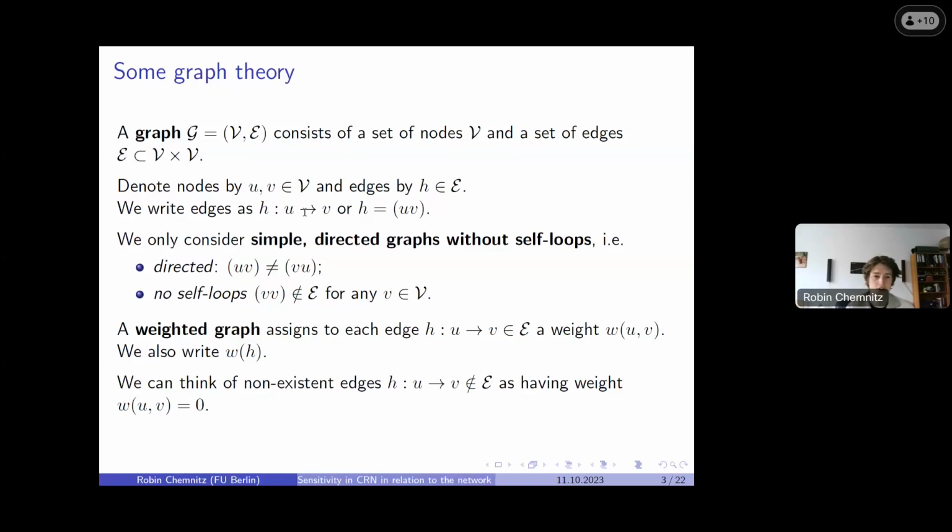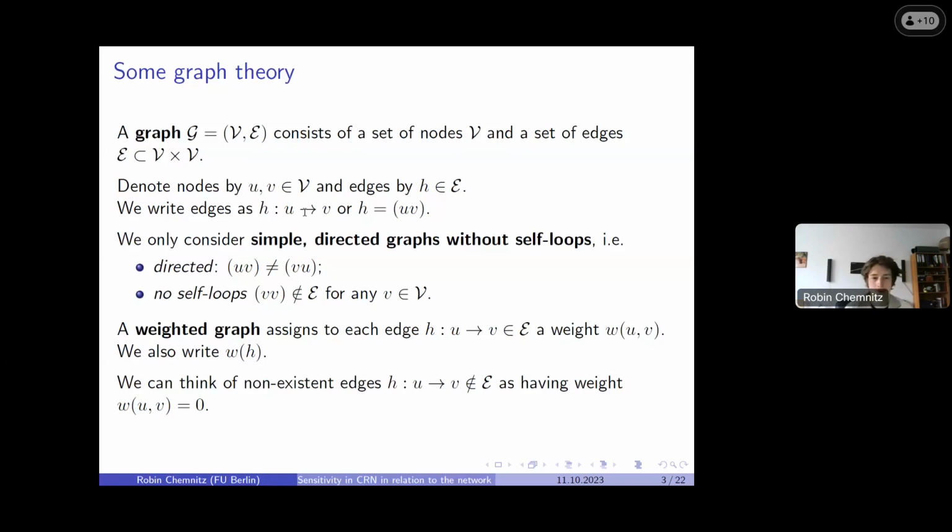Given such a simple directed graph without self-loops, we can assign weights to this graph. That just means getting a function w, which assigns to each edge a positive number usually. We write this either as w_uv or w_h.